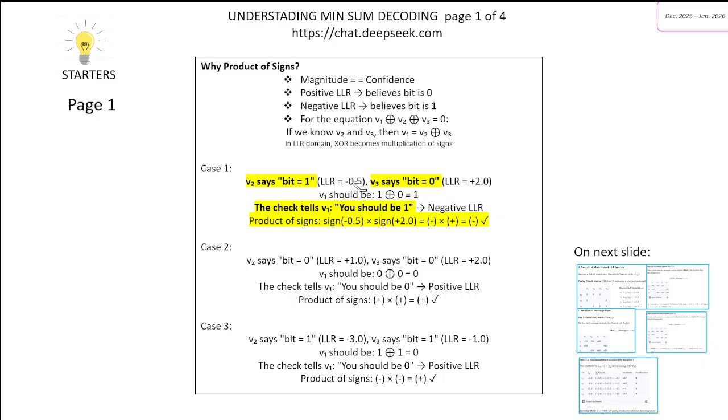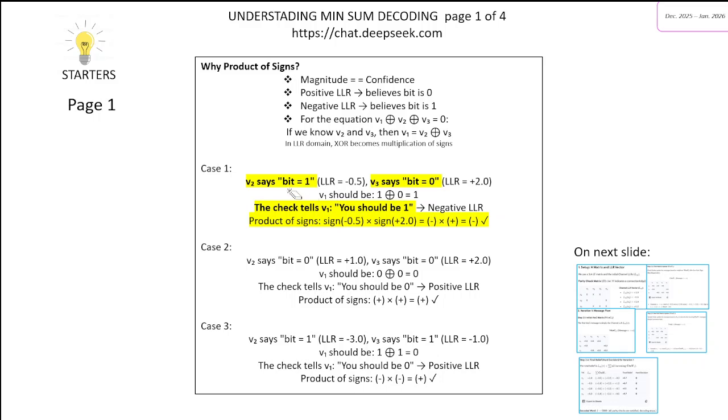The LLR received from the channel for this bit is minus 0.5, which is a little less confidence in saying it is minus 1 BPSK modulated, which represents a bit 1, and LLR plus 2 strongly says that it is bit 0.